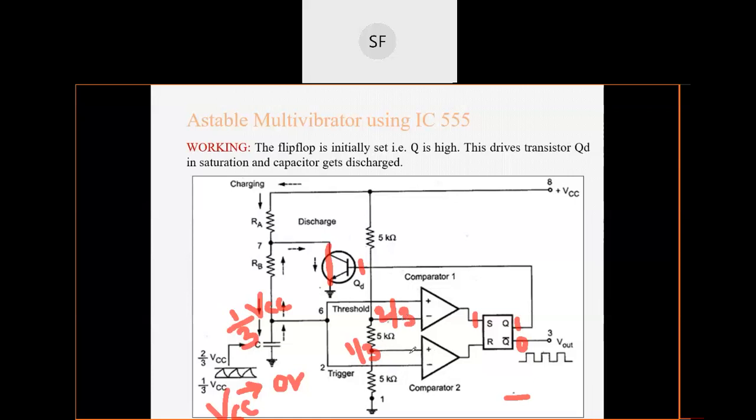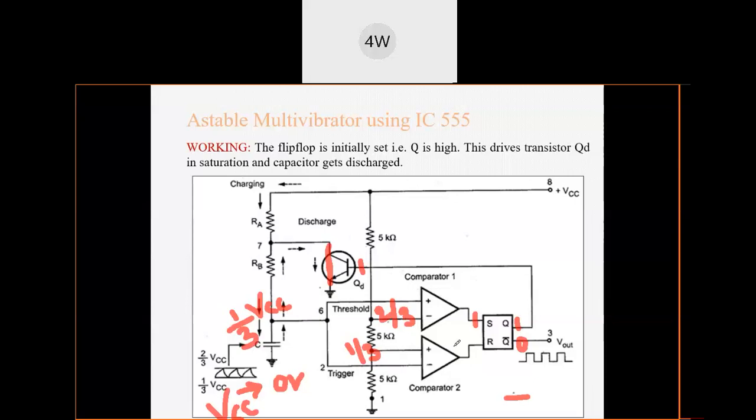So now what happens when the voltage across capacitor becomes less than 1 by 3 VCC? That means this trigger voltage will also be less than 1 by 3 VCC. That means the inverting voltage will be less than non-inverting voltage, right? So what will be the output of comparator 2? Anyone? Yes?